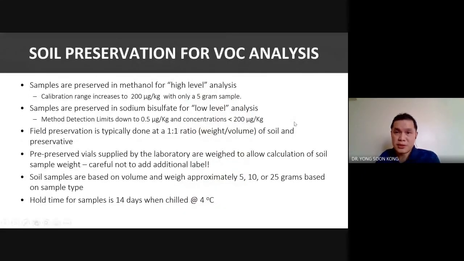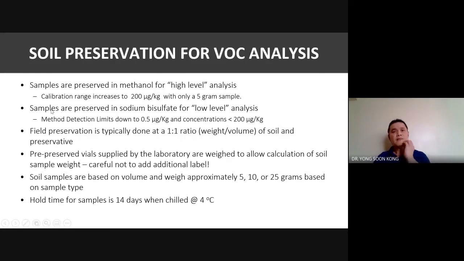Now, for preservation of VOC analysis, some of the soil may have a high range of VOC. If that is the case, then use methanol. So these are the guidelines on how to use methanol, and these are the ranges that they deal with. If a high level of VOC is contained, they don't use too much soil sample, that's fine.